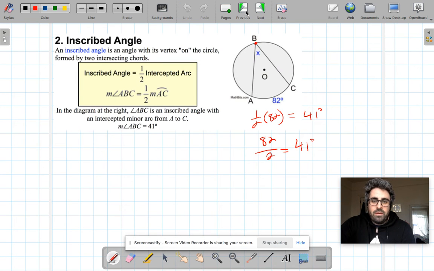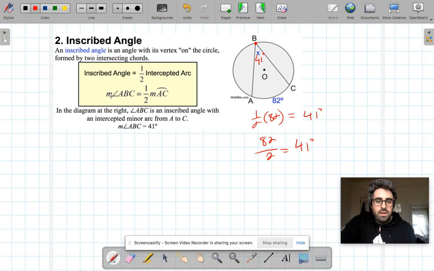So let's go back really quickly. What if I gave you this one and I said the angle is 41 degrees? We would do the opposite of dividing by 2. So we could say that the arc measure is 2 times the inscribed angle.